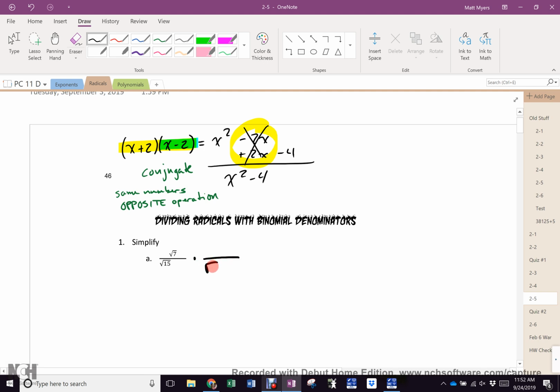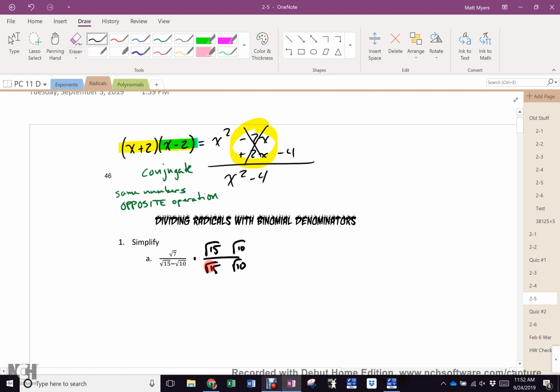You would use root 15 and root 15, right? If there was no root 15 there, what would you multiply that by? Root 10 and root 10, yes? Well, since they're both there, we're going to have to use both of them.